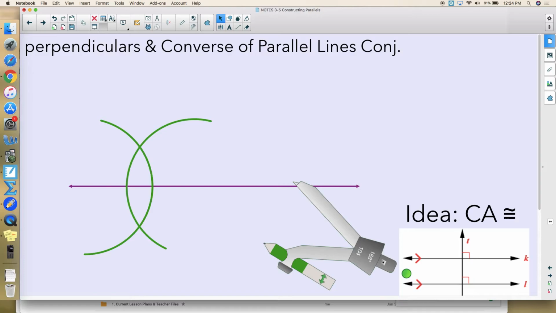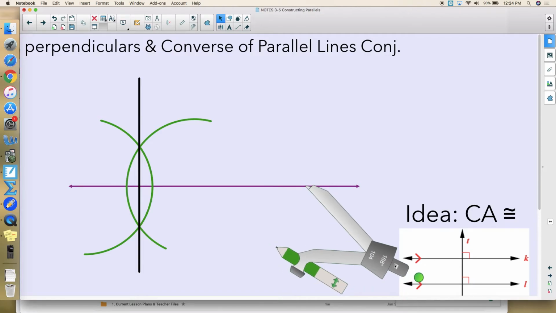Now that I have the points to form one line perpendicular to my original, I would know for sure that anything else I make perpendicular to that purple original line would also be parallel to that new black line that's been formed. So I'm just going to, again, pick some places on my line here since I'm not doing a specific set of parallels.